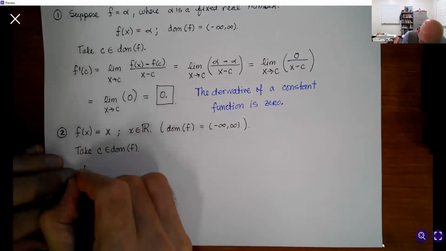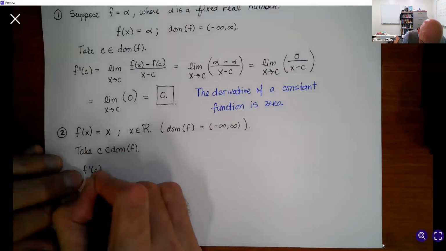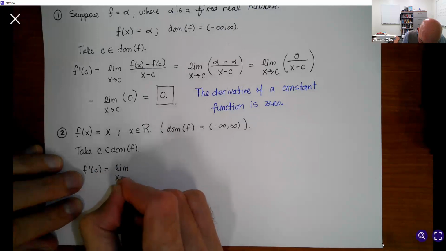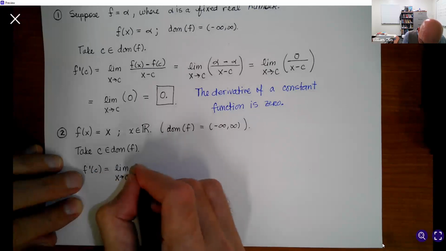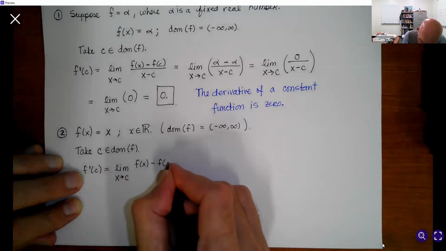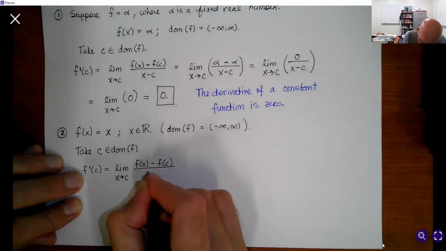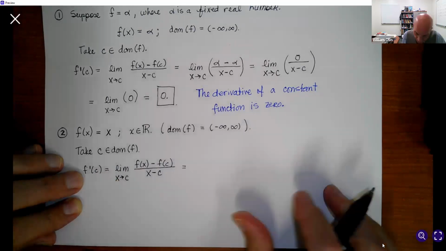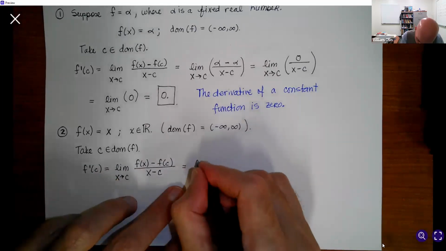So now f prime of c will be the limit as x approaches c of f of x minus f of c divided by x minus c. And so we just fill it in like we did before.